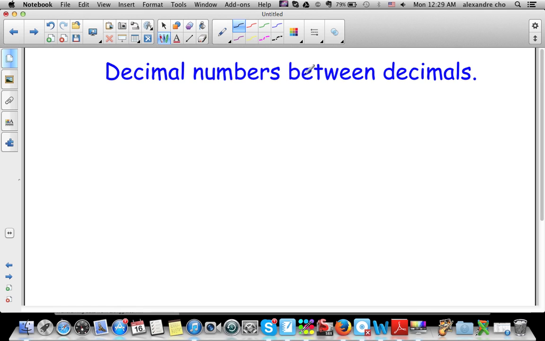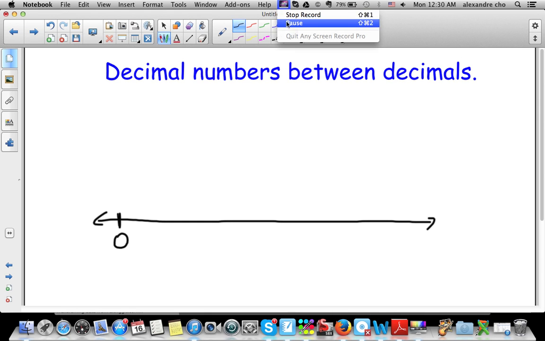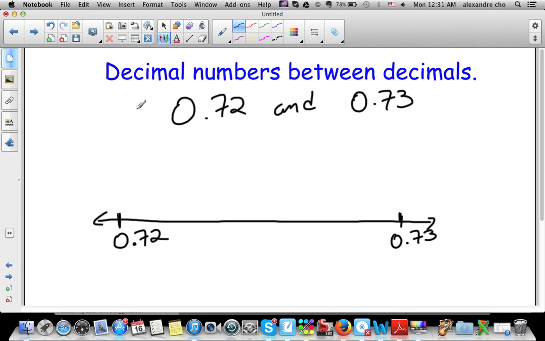Decimal numbers between decimals. Okay, what does that mean? All right, let me draw the number line here. Okay, and let's say that's 0. Pay attention first.